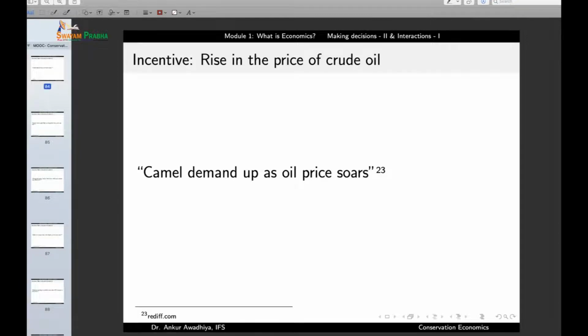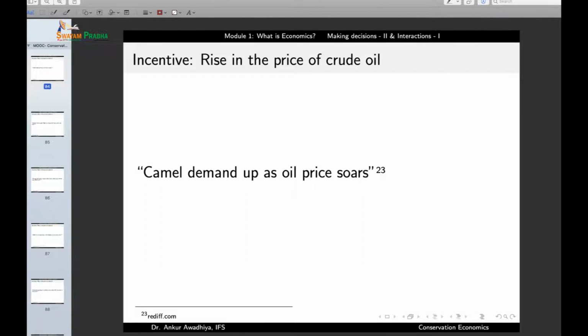What is this saying? It says that because the use of vehicles has become more and more unaffordable, people are now shifting back towards the use of camels. So this is another act that has been induced by the rise in prices.